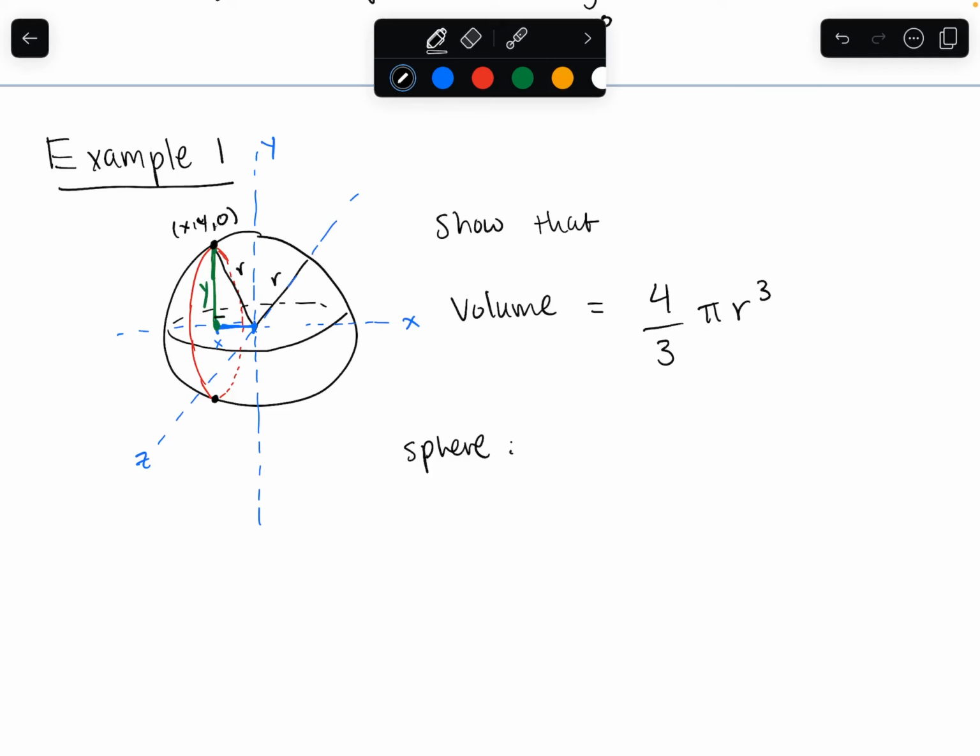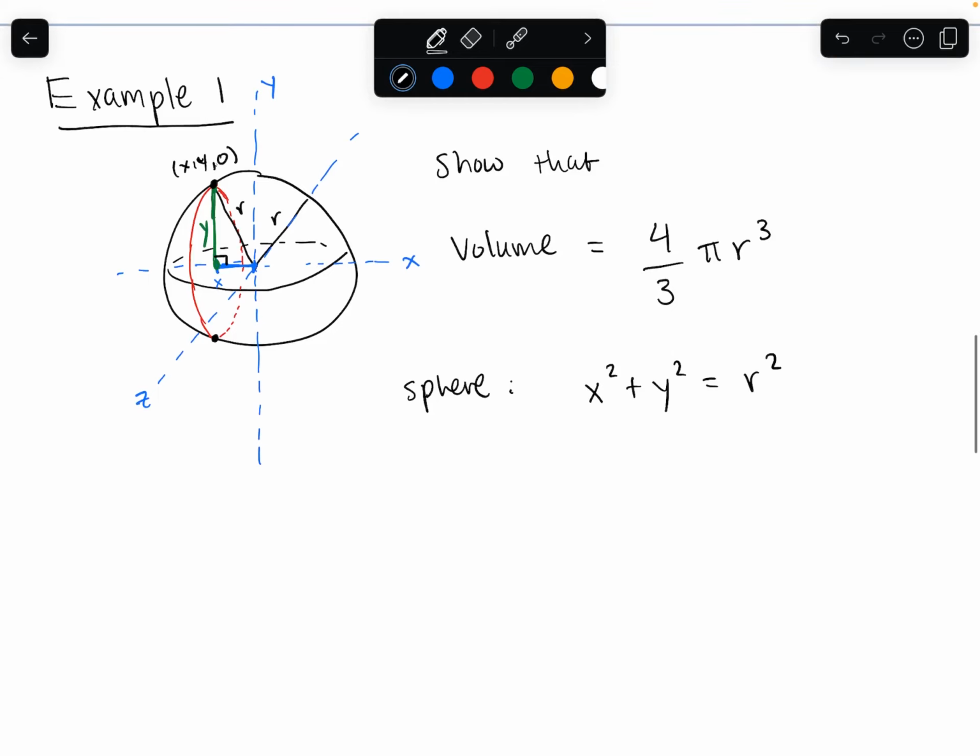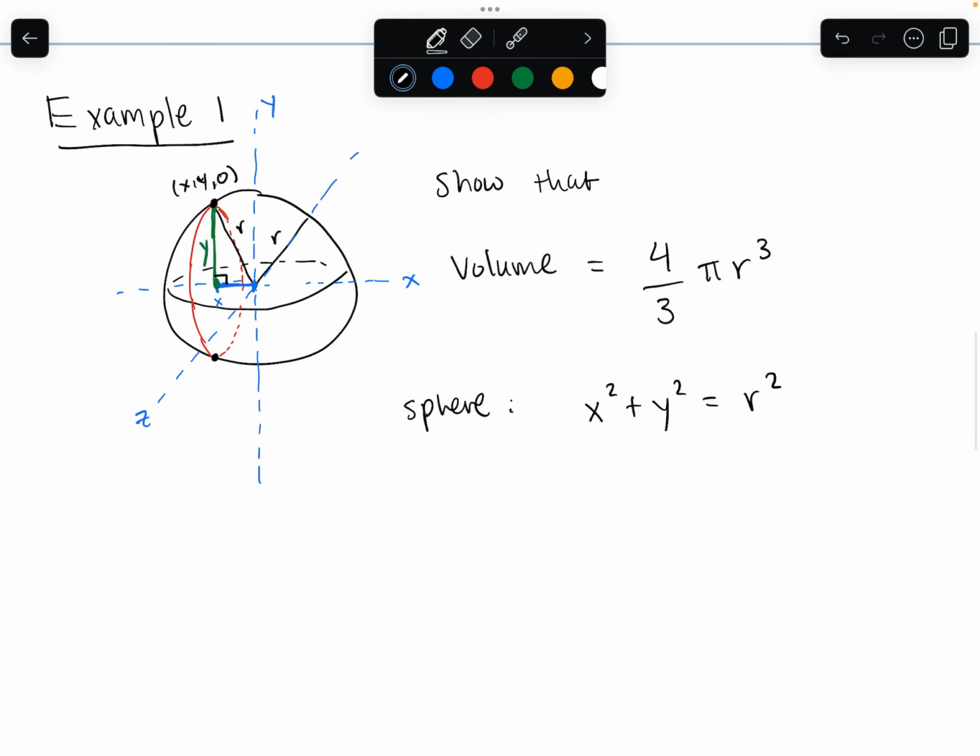Anyway, this makes a right triangle here with legs x and y and the hypotenuse r. So for the sphere, those two points satisfy x squared plus y squared equals r squared.